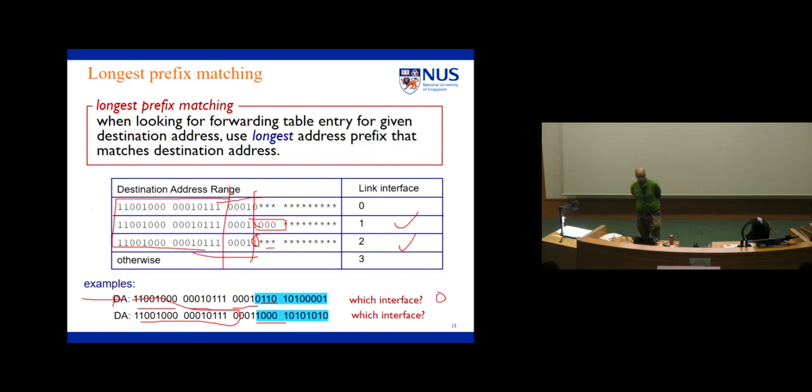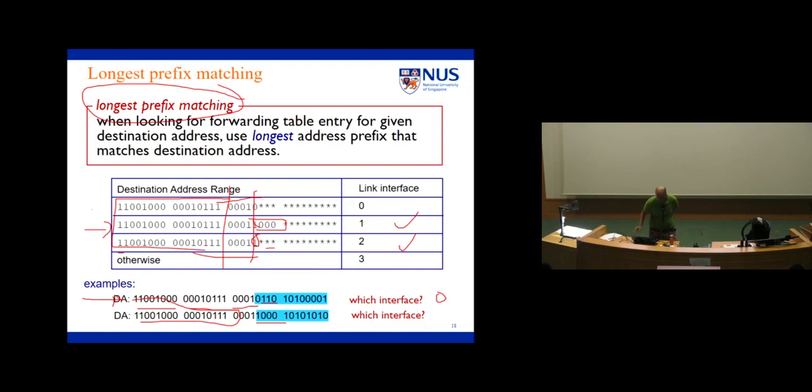The way we do this is something called longest prefix matching. So these are sort of the prefixes, the first part of your address. If you have more than one match, you will pick the one with a longer match. And here, that will be here. Here I have a longer match of 24 bits of the prefix.